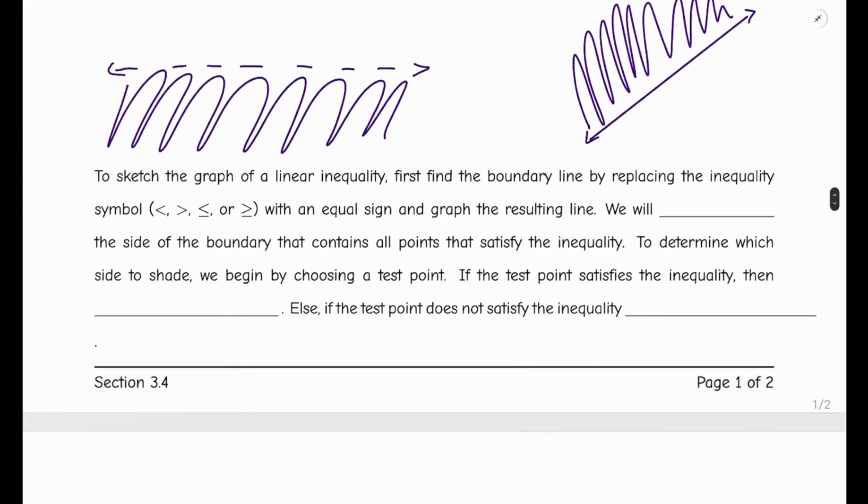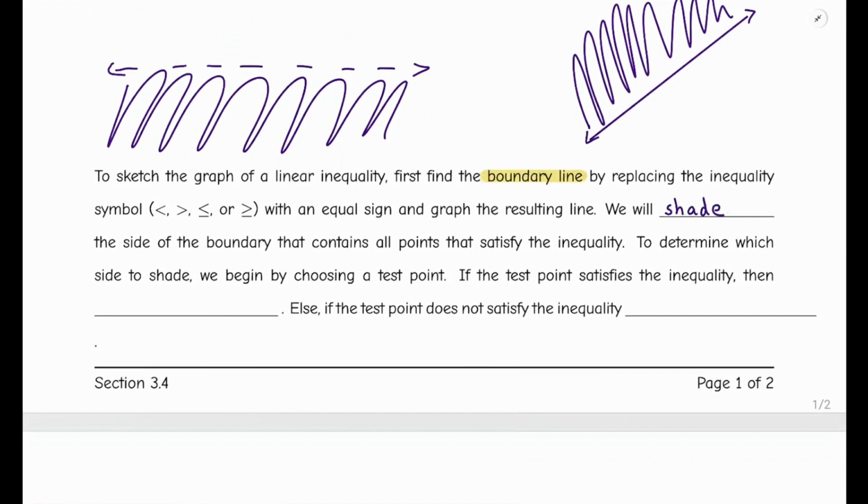To sketch the graph of a linear inequality, first find the boundary line by replacing the inequality symbol with an equal sign and graph the resulting line. So this is just like in the previous sections of graphing a line. We will shade the side of the boundary line that contains all points that satisfy the inequality.